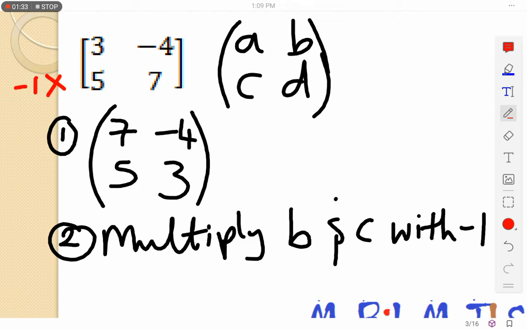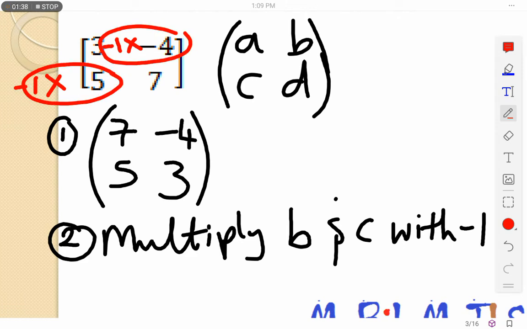We are multiplying by -1 here, these ones. So if we multiply by -1, we will get 7, -5, -4, 3. Okay, so that's now the matrix that we have.